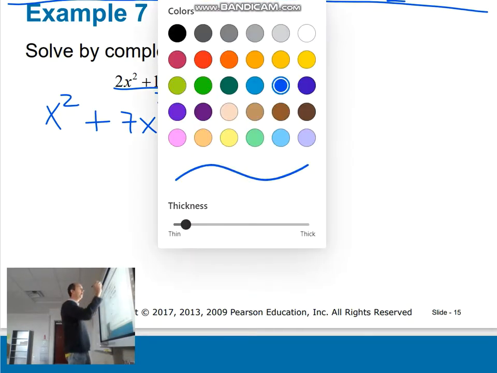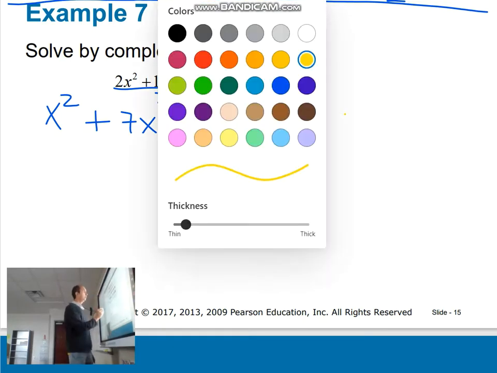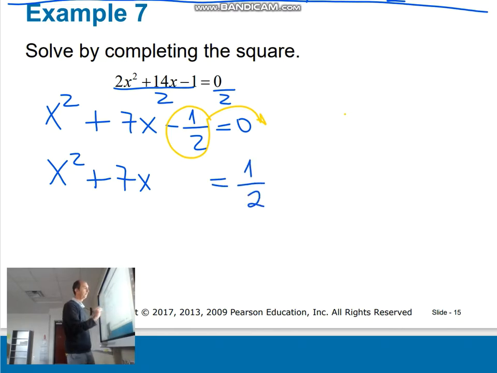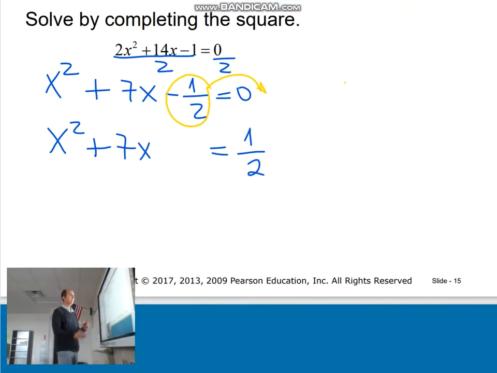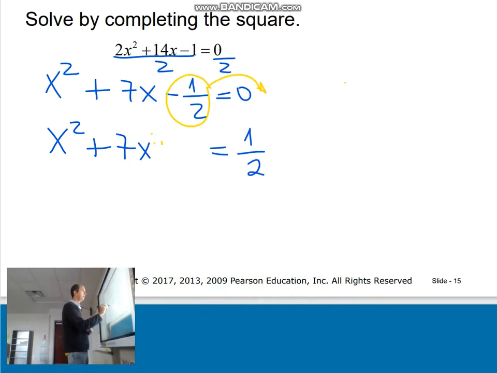Now move everything that doesn't have variable, just the numbers, right, to the other side. And you will have x squared plus 7x equals 1 over 2. Now we need to complete the square. We need to find b squared to be able to complete the square, right?